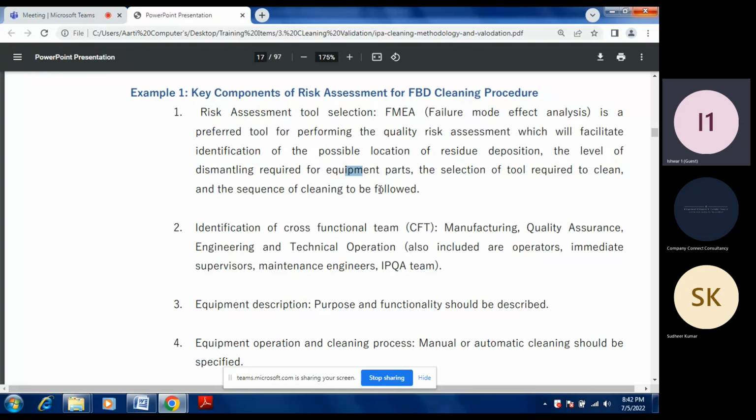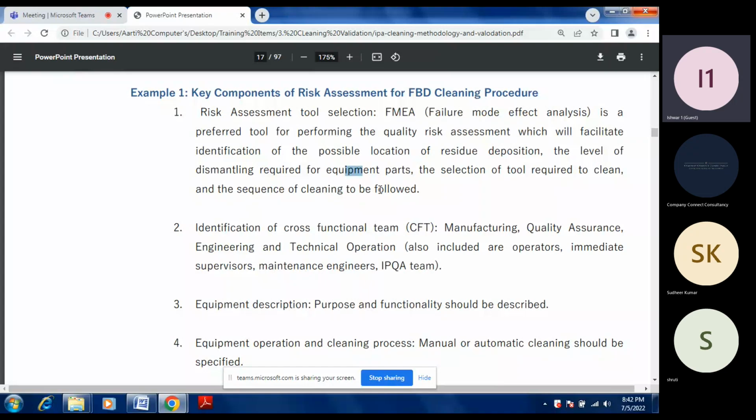In the case of FBD cleaning procedures, the FBD is available in the manufacturing area, so a manufacturing person should be part of the investigation. The quality person performs all the validation activities, so quality is required. An engineering person is required for maintenance activities during execution and validation, and technical operations are also included: the immediate supervisor, maintenance engineer, and IPQA team.